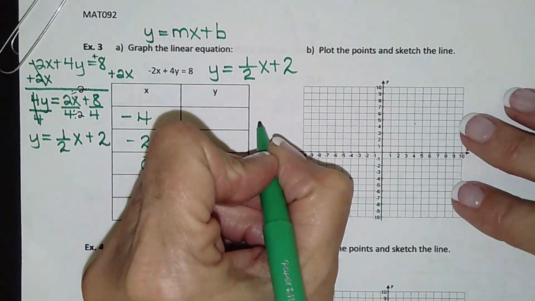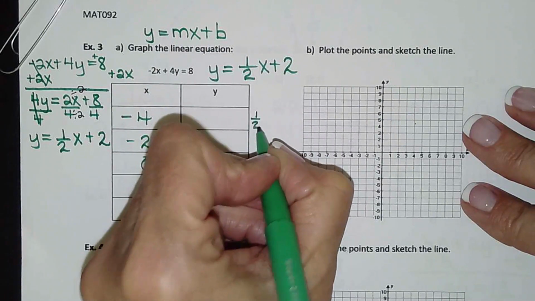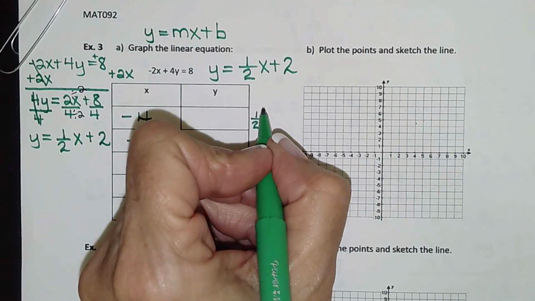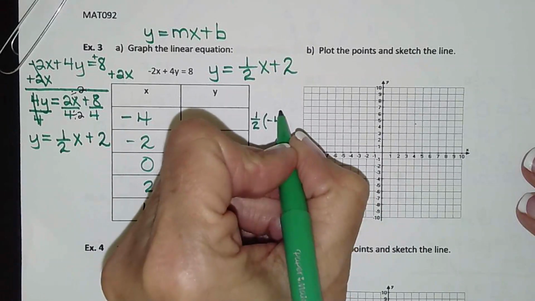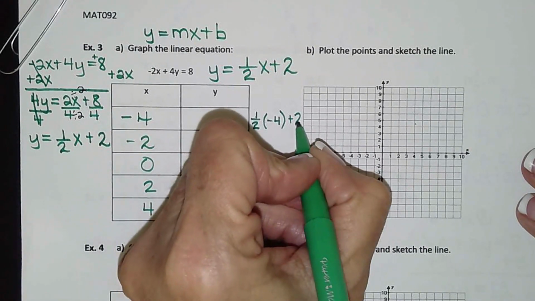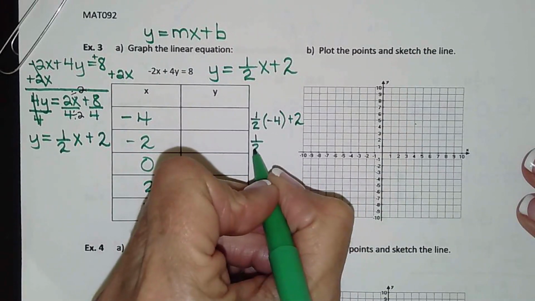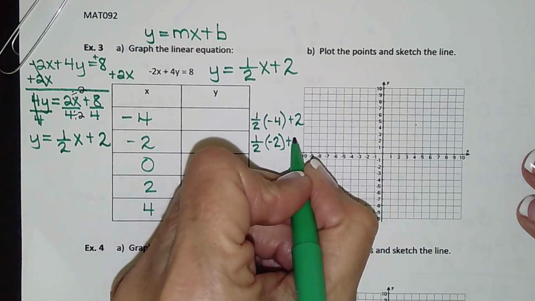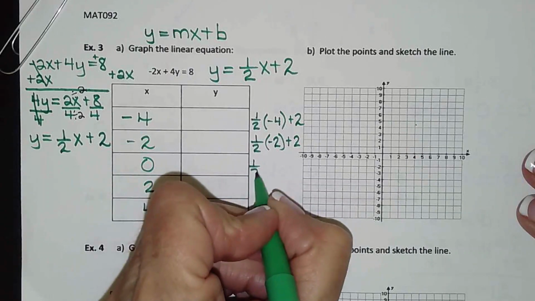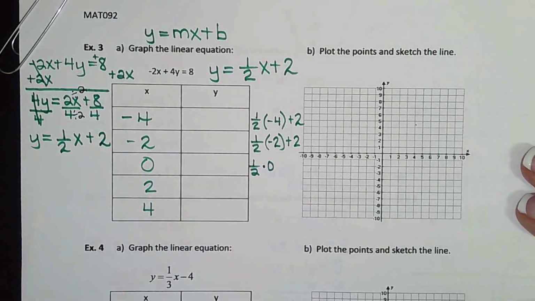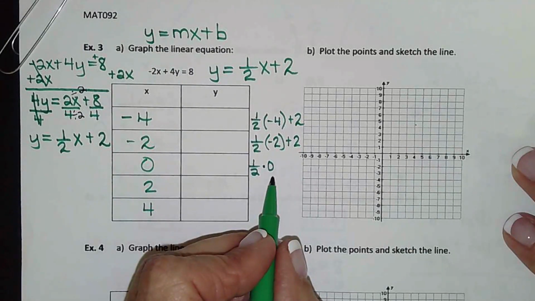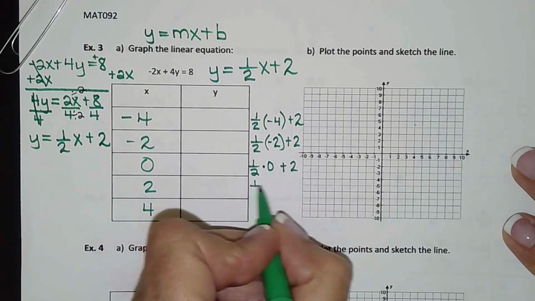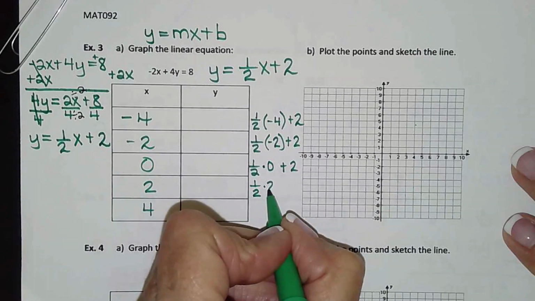So now we can get it ready for the calculator. 1/2 times -4, which needs a parenthesis because it's negative, plus 2, and we'll get them all ready for the calculator. 1/2, put -2 in, add 2. 1/2, now we don't need parentheses because it's no longer negative, so you can say multiplied by 0 plus 2. 1/2 multiplied by 2 plus 2.